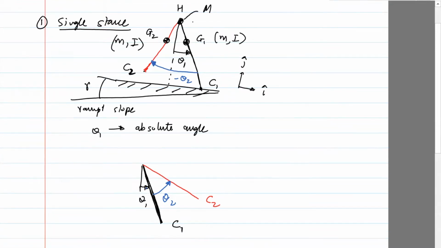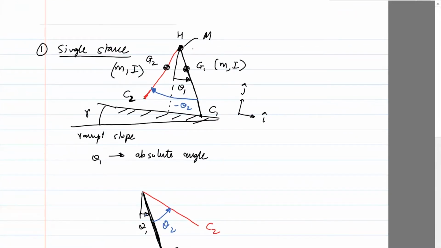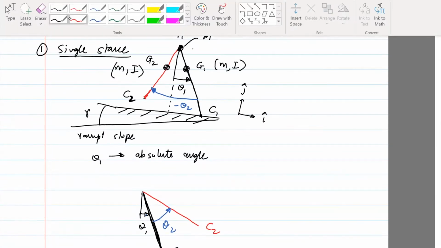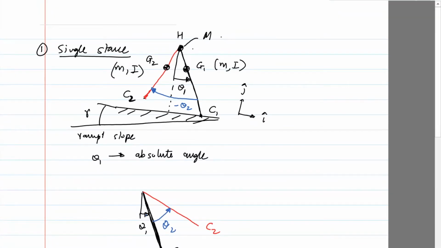It only has a mass capital M. What I'm missing is the length. Assume that both legs are of length L, and the distance between the pin joint and the center of mass of the leg is C, and the same for the other one.